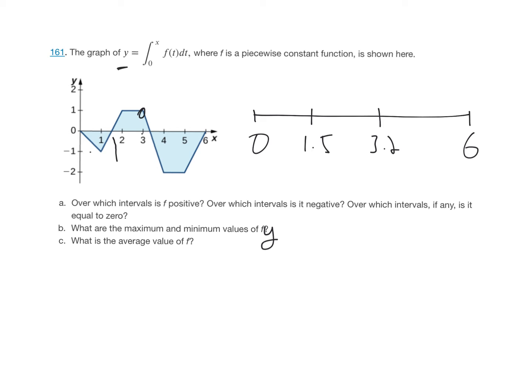Yeah, okay. So then I don't have an equation to plug values in, but I can certainly see that between 0 and 1.5, the derivative is negative. And then between 1.5 and 3.25, the derivative is positive because the blue line's above the x-axis. And then the derivative is negative again from 3.25 to 6.